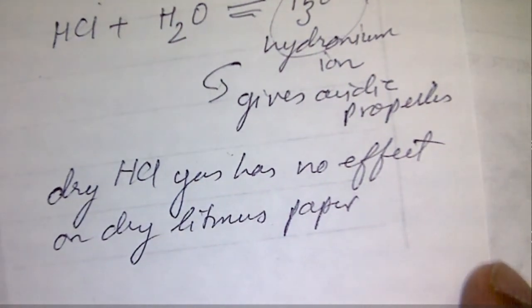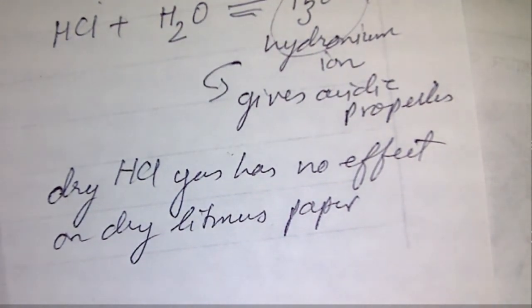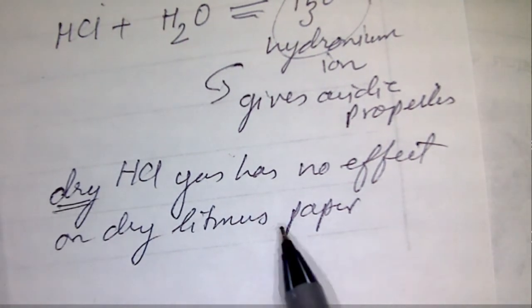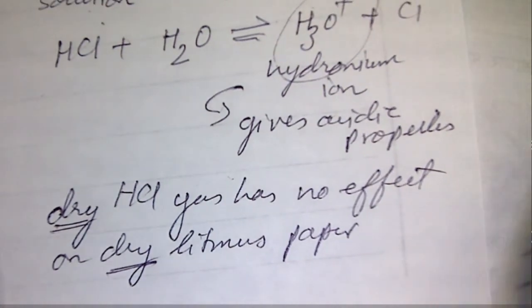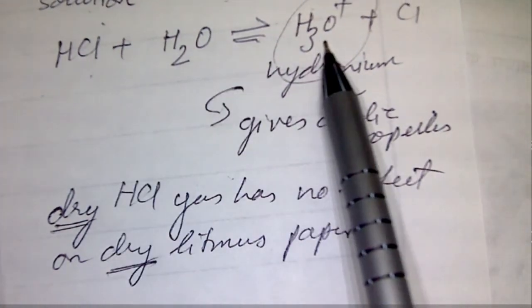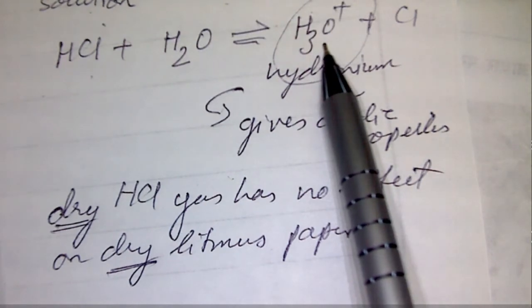Why does this happen? It is dry. Since it is dry, moisture is not there. Since moisture is not there, hydrochloric acid will not form hydronium ion.